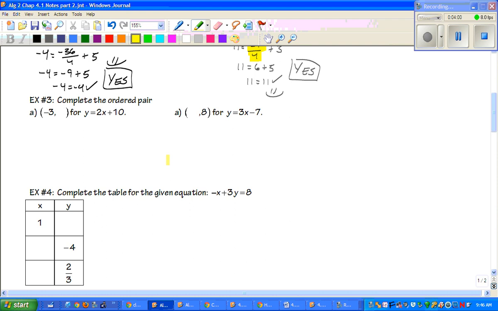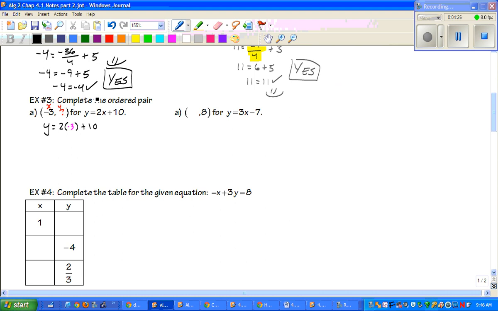It says complete the ordered pair. So we know that this is the x, and now we're looking for the y. We do not know what that is. Okay, so what we're doing now is we are going to solve for y. And we're plugging in -3 for x.